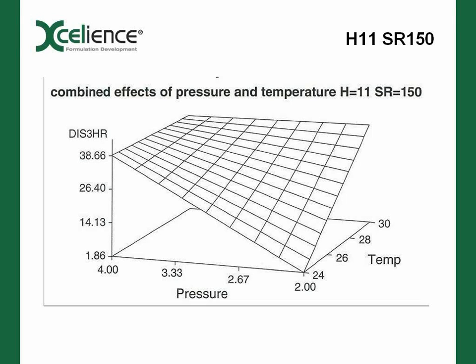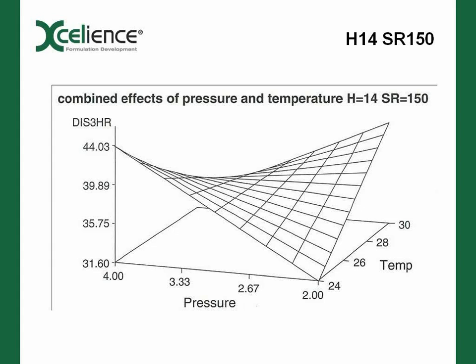The other thing it shows you is that at certain conditions a variable may have a positive effect, and at certain conditions it may have a negative effect. So it's very important to look at this, because in this particular case, your amount dissolved at 3 hours varies from about 2% all the way up to 40%. So you get a very wide swing in this particular amount.